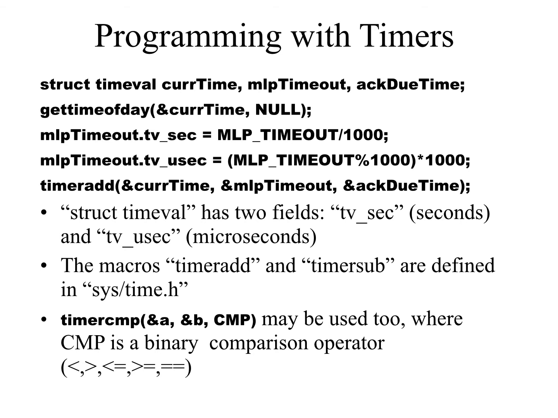These two fields are defined in the sys/time.h header file. There is a function that compares the times stored in the two variables a and b, and we use a cmp, that is a compare function. Compare is a binary comparison operator. We just store less than, greater than, less than or equal to, greater than or equal to, or equal to.